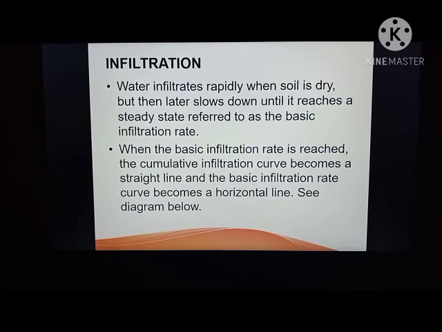Water infiltrates rapidly when soil is dry, but later slows down until it reaches a steady state, referred to as the basic infiltration rate. When the basic infiltration rate is reached, the cumulative infiltration curve becomes a straight line, and the infiltration rate curve becomes a horizontal line.